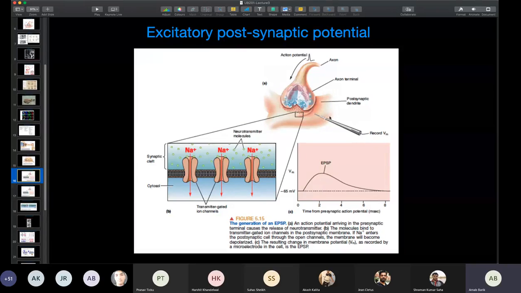And so when they're recording from the postsynaptic cells, and the excitatory neurotransmitters such as glutamate are coming and binding the receptors on the postsynaptic cells, you see a change in potential. Sorry.